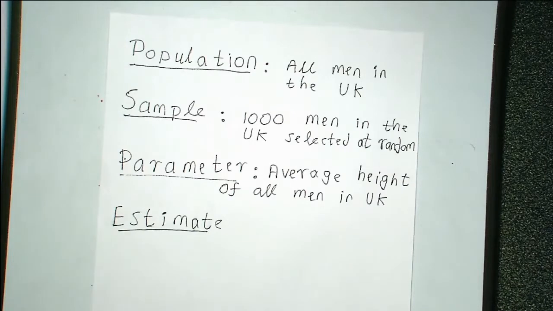So if you want to compute the average, you need to measure the height of every single man in the UK, which is nearly impractical, right? I mean, you can't possibly do that in practice, right?